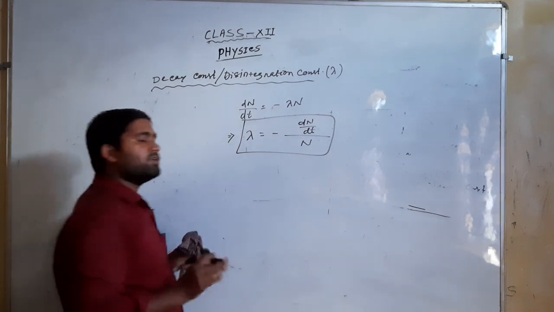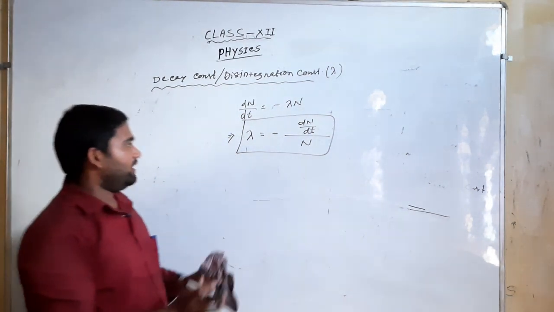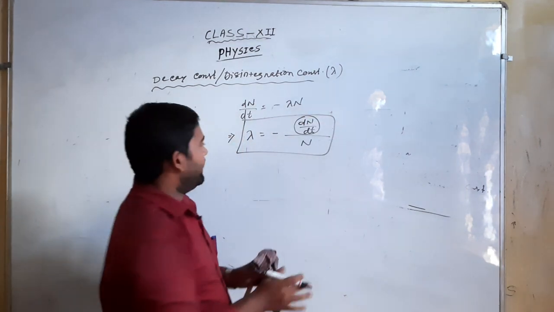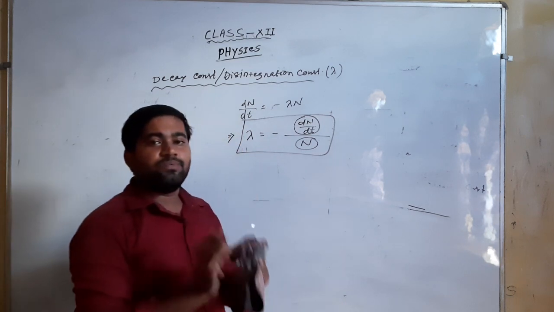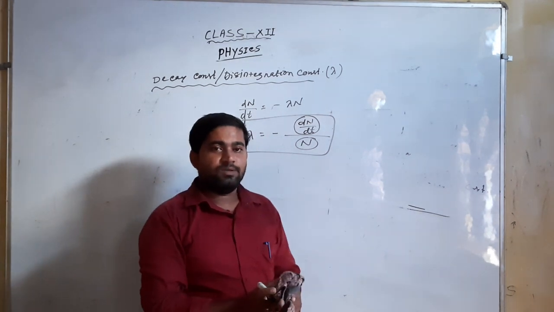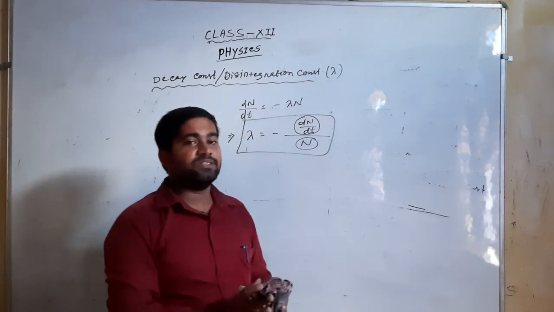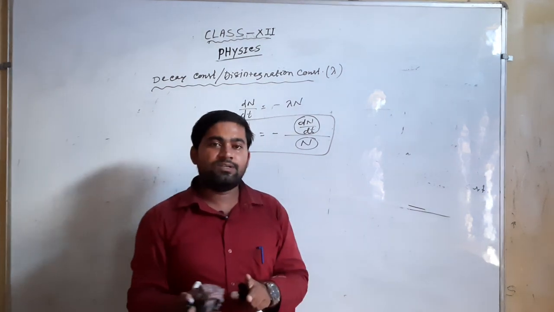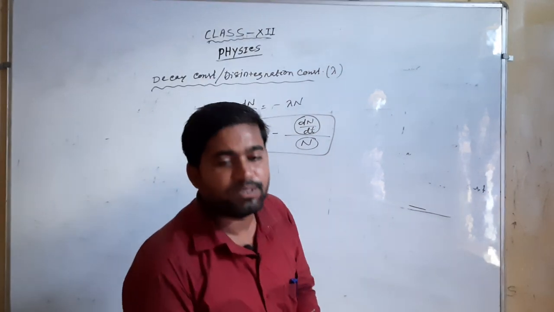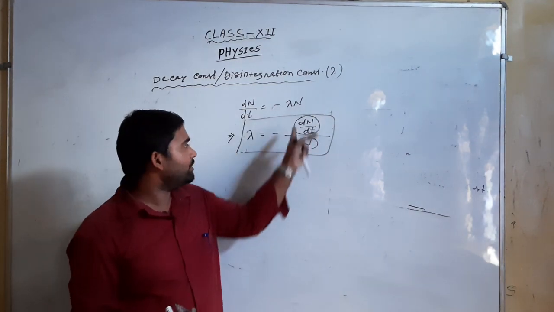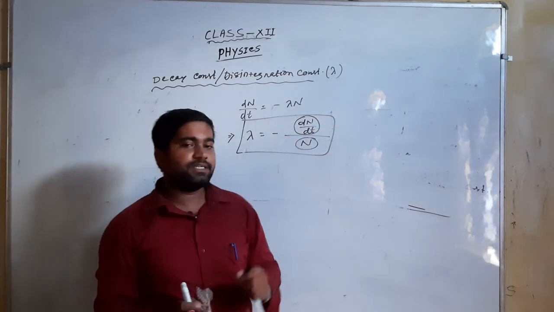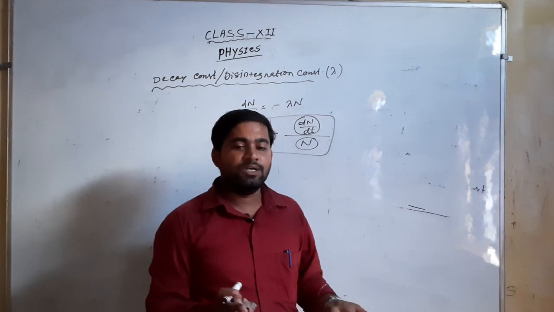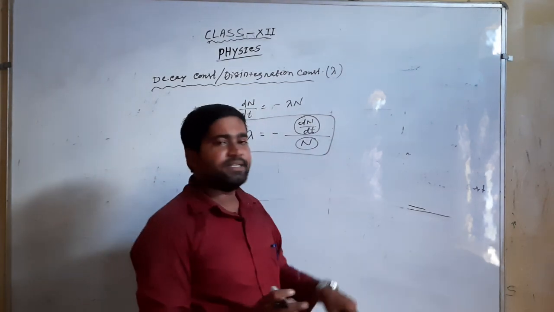This is one form of the decay constant. dN upon dt is the rate of disintegration, and N is the number of nuclei present at any time t of measurement. So the decay constant may be defined as the ratio of the rate of disintegration to the number of nuclei present at any time t.